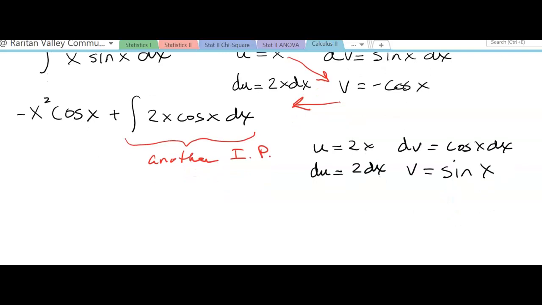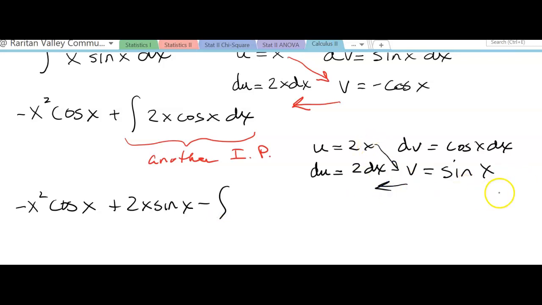All right. So don't forget the first part, which is our negative x squared. Don't lose it. I need uv, that's 2x sine x, minus the integral of sine x. Yeah, because remember we did that, and now we need to do this. Minus the integral of 2 sine x dx.